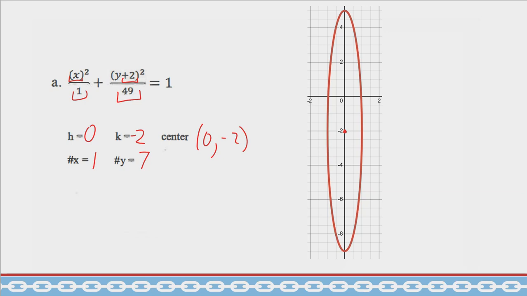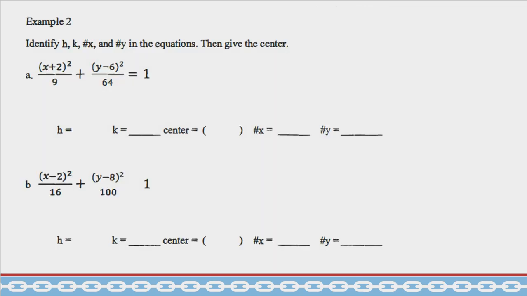Everything to do with X is all in this first term, and everything to do with Y is here in this term, right? H and K are still being added or subtracted to the X before it gets squared, and our new radii, plural, are in the denominator spots. So we're just taking information out here.